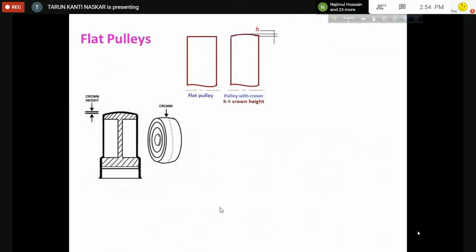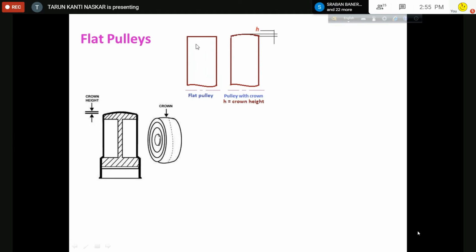And another thing is the pulley surface. This is flat pulley. This is also flat pulley, but this is crowned. So a convex shape like this on both sides.